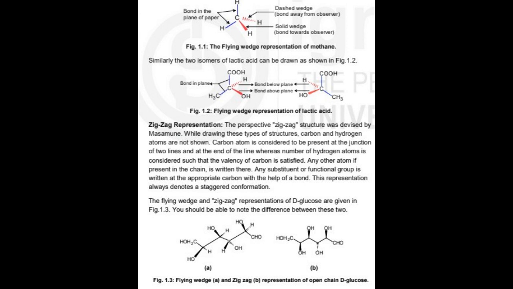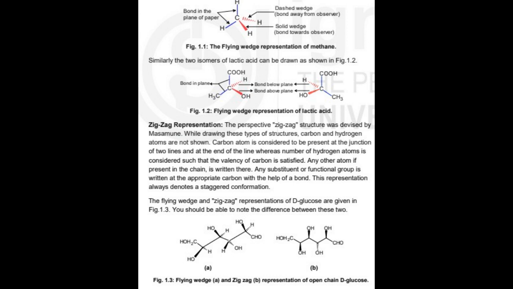Similarly, the two isomers of lactic acid can be drawn as shown in Fig. 1.2. Fig. 1.2, flying wedge representation of lactic acid. The flying wedge formula or three-dimensional representation is usually done for molecules containing chiral centers. It may also be used for achiral molecules. Zigzag representation.